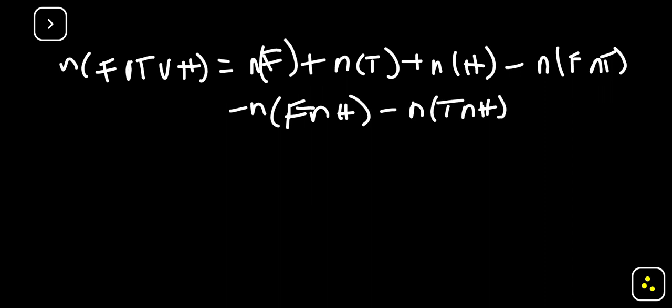Then we add the intersection for all three, number of First intersection Trust intersection Hallmark. So that's the formula.